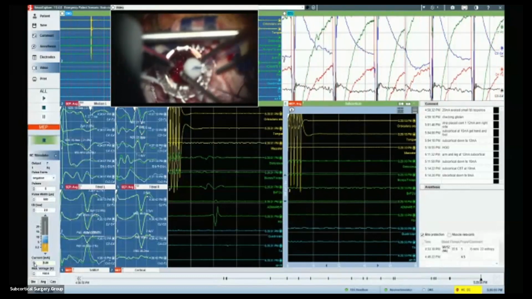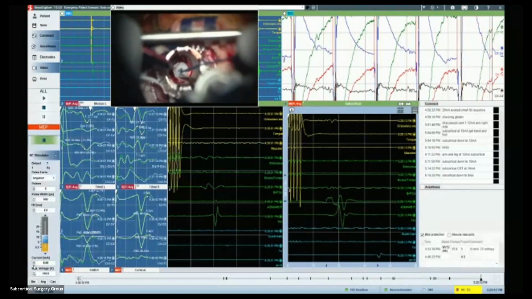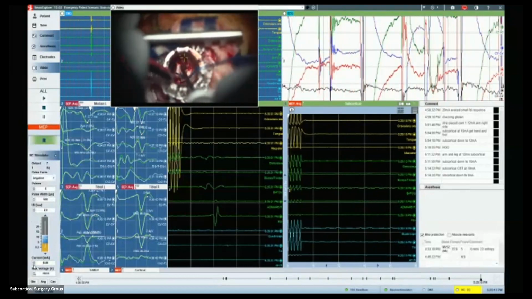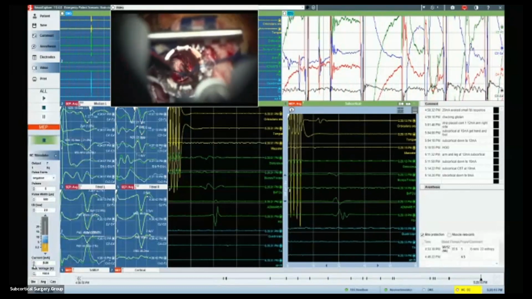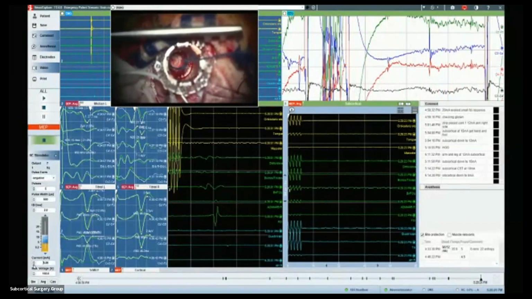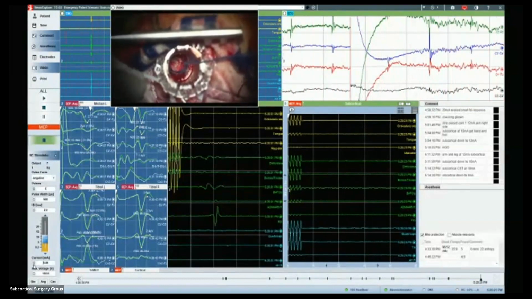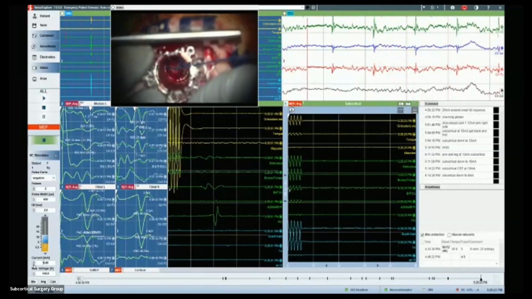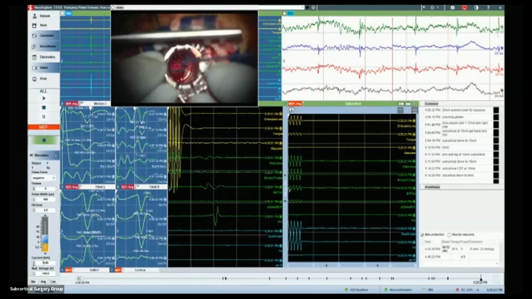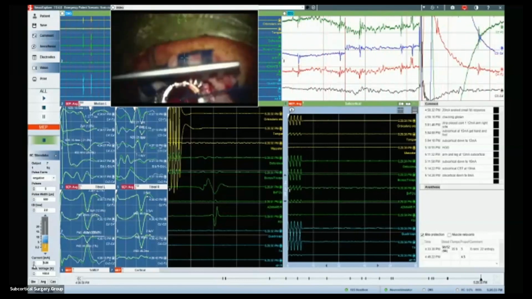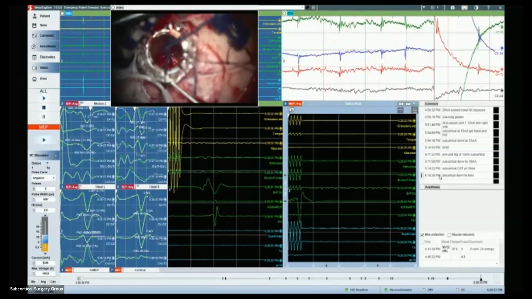We had some positive MEPs on the bottom at around 8 milliamps, and this is where we start considering our resection margins. Usually we allow ourselves to go down to 5 or 4 milliamps. There's always this rule of thumb, 1 milliamp equals 1 millimeter away from the corticospinal tract, but this is only for up to 5 milliamps. When we go beyond that, this is a gray zone. We don't really know what's happening.